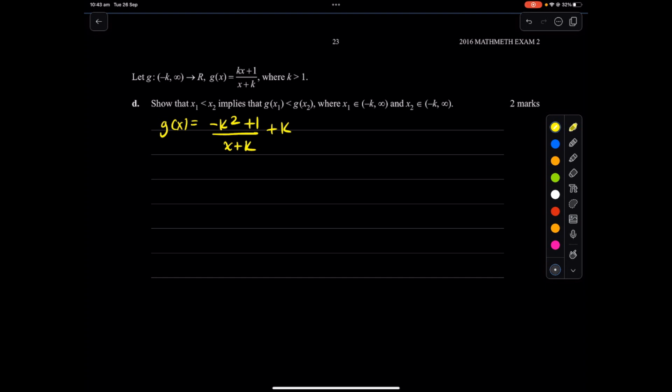So what does that mean? We have a y asymptote at k, and at x equals -k, we have an x asymptote. We also need to remember, how does the graph look?